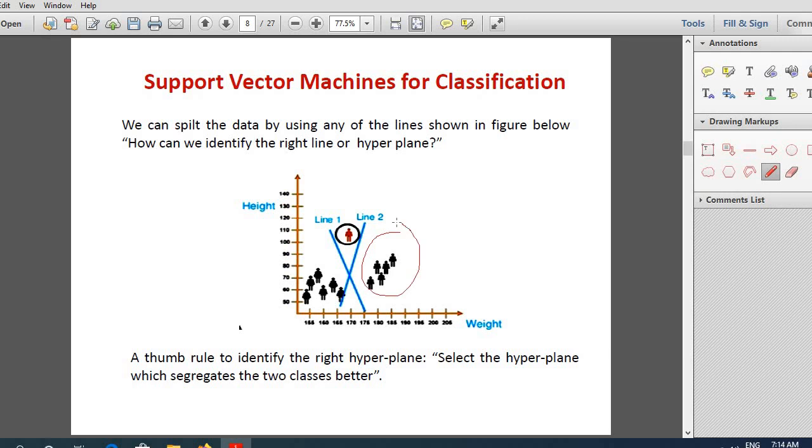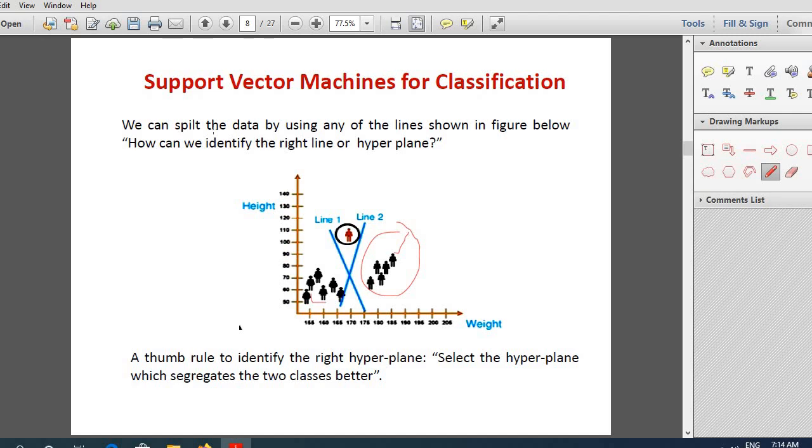The output vector is given for the training data. Only when new input comes are you not sure whether the person is male or female. But for training, you already know this height versus weight corresponds to female, and this height versus weight point corresponds to male, because the output also is given, right?